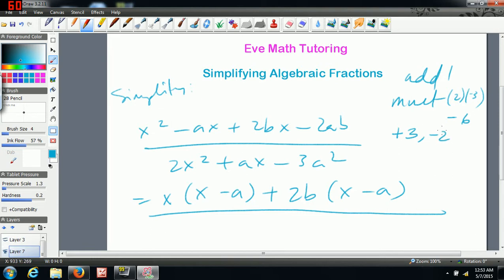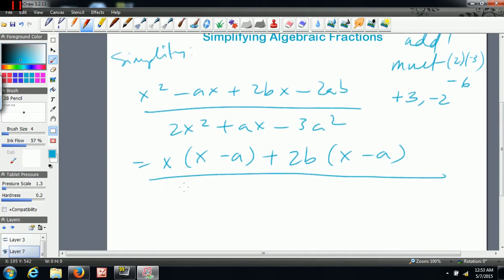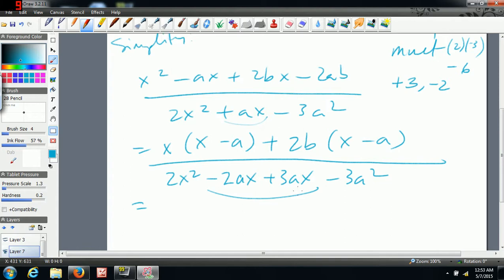Okay, so I replace the middle with that, so I get negative 2ax plus 3ax minus 3a squared. If I simplified this, I'd still end up with ax, so I'm not actually changing the expression.